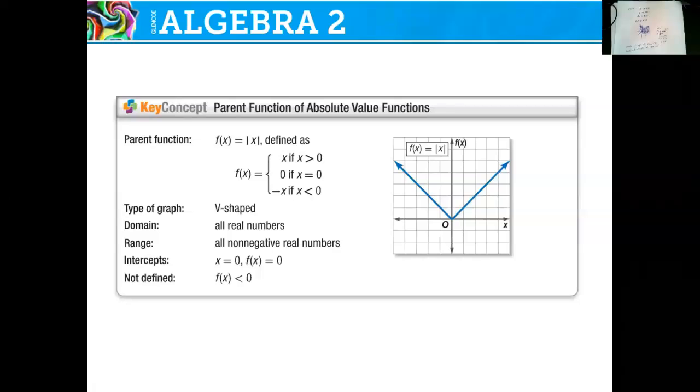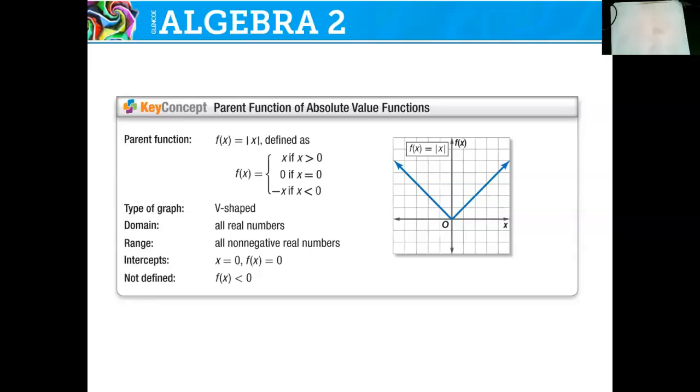So hopefully you've gotten a little bit down about parent functions of absolute values. Like I said, with absolute values, you're dealing with distance away from 0. Since you're dealing with a distance, it always corresponds to a positive number. That's what causes the V shape.